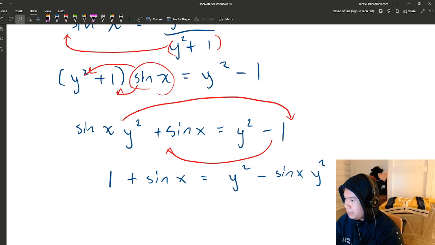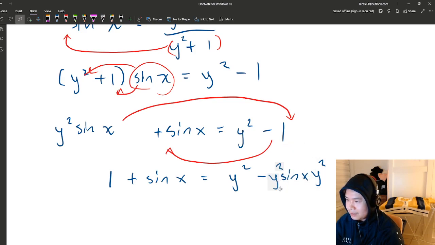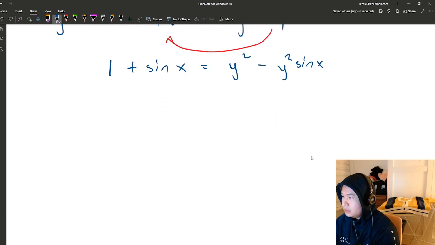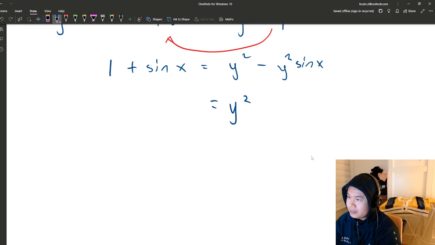I should write that better, just to avoid confusion, because the y squared is not part of the sine. Okay, common factor out the y squared, divide it over.